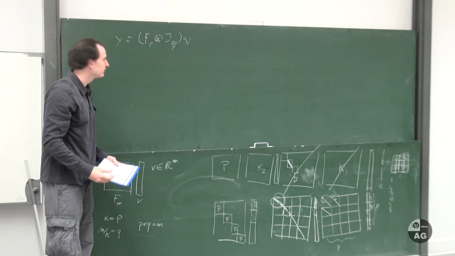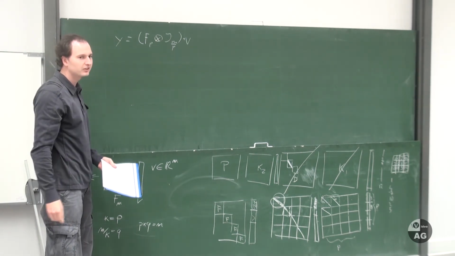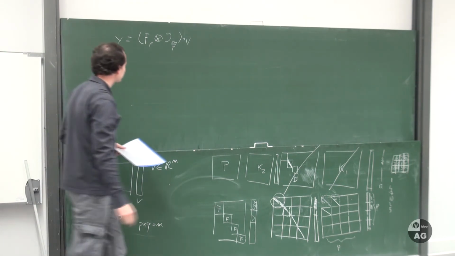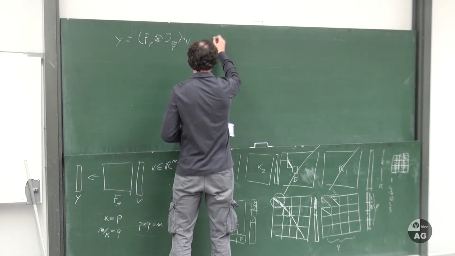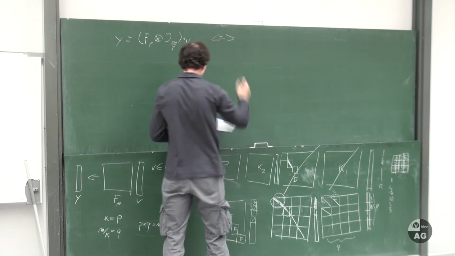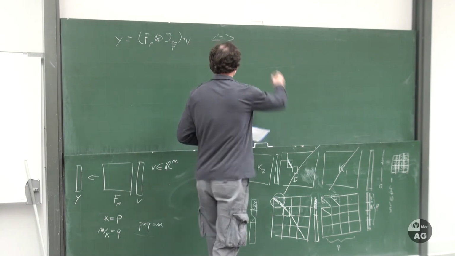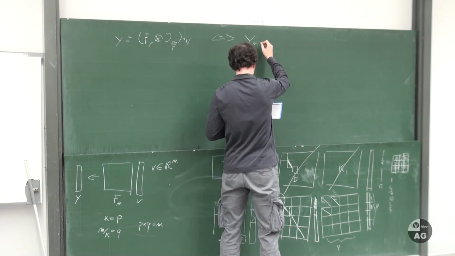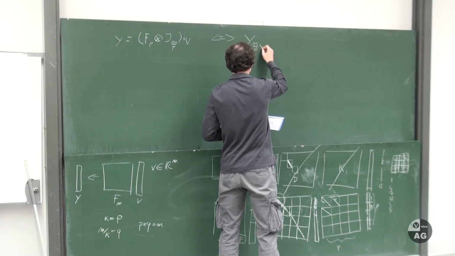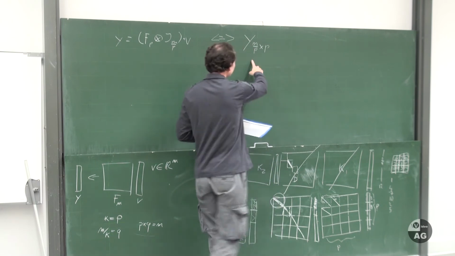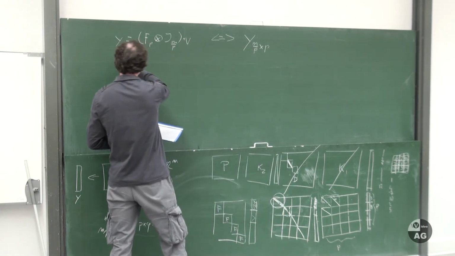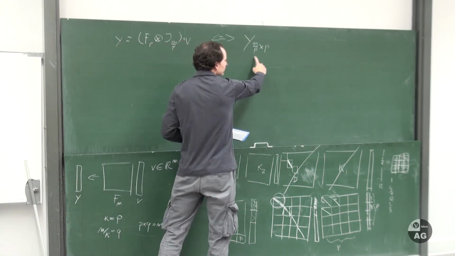Now, the special property I'm going to use about Kronecker is that this is actually equivalent to a matrix multiplication.